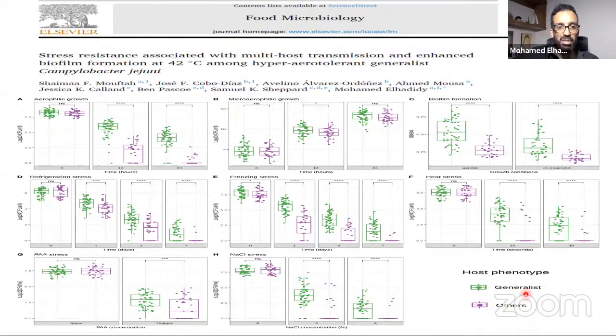We found that host generalists are also more resistant to different environmental stressors. So if we link this, these generalists are bacteria that can survive different stressors and are more capable of infecting different reservoirs. If we link this slide with the slide that I mentioned before, these host generalists are the hyper-aerotolerant strains that are cross-protecting.